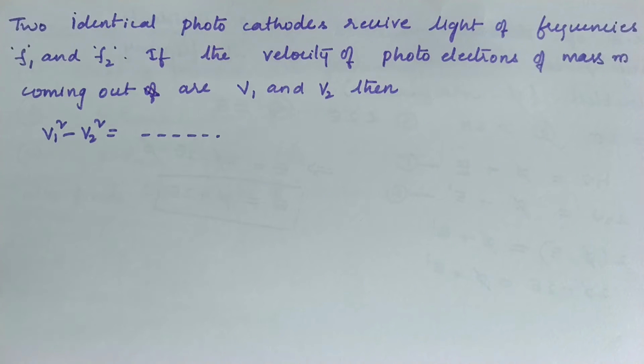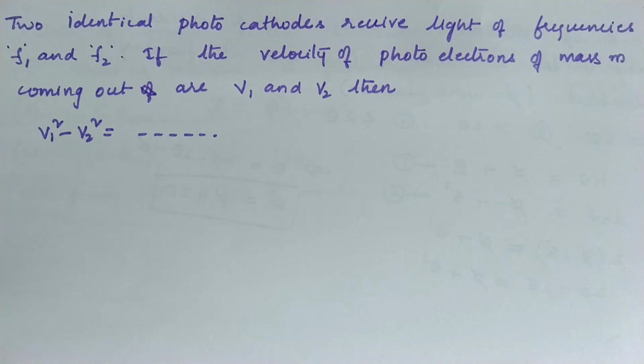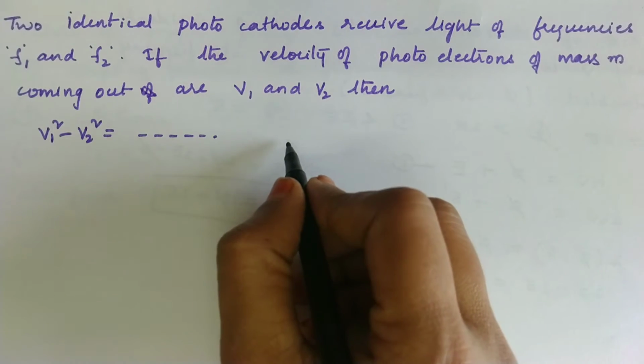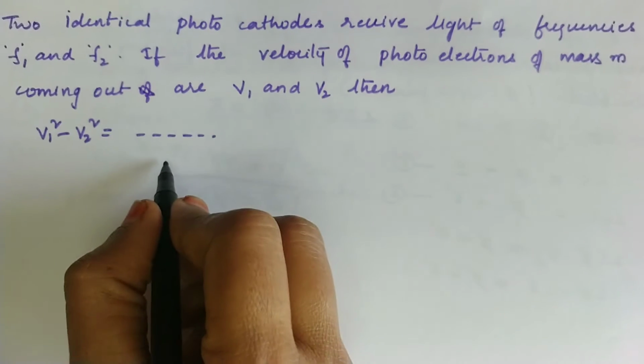Okay, two identical photocathodes are receiving light of frequencies F1 and F2. If velocity of the photoelectrons of mass m coming out are V1 and V2, then you have to find the equation for V1 square minus V2 square. So even this is based on Einstein's photoelectric equation. See, first time two identical cathodes, that means they have the same work function.